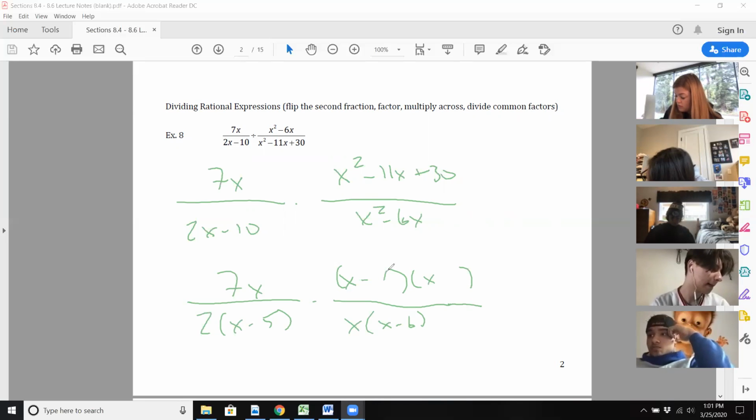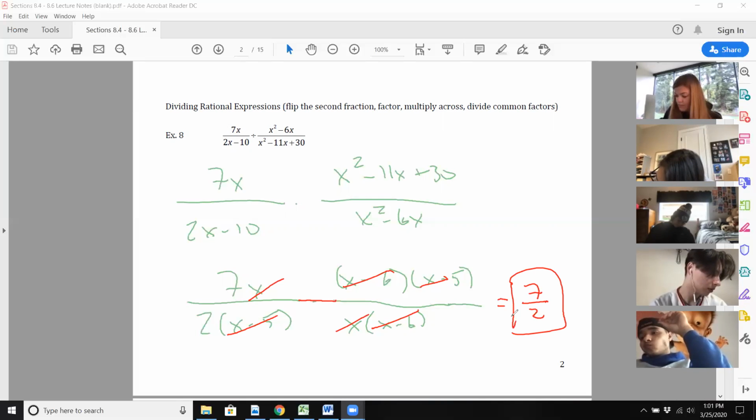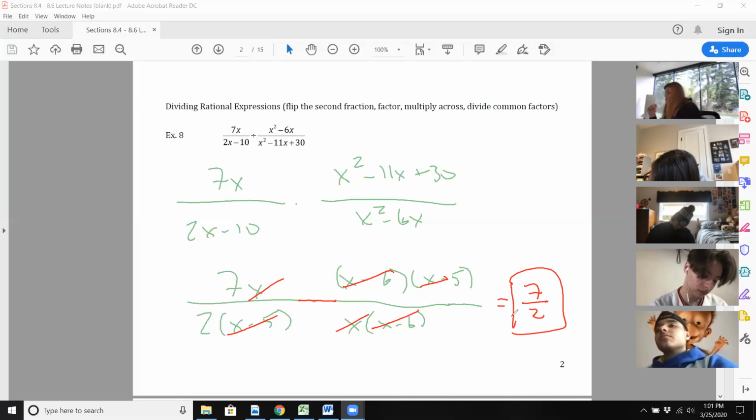And you bridge the gap here. Those go away, go away, go away. You get 7/2. So that's what 8.4 is all about: multiplying fractions, simplifying, dividing. Not too hard.